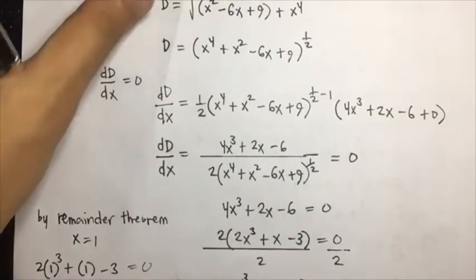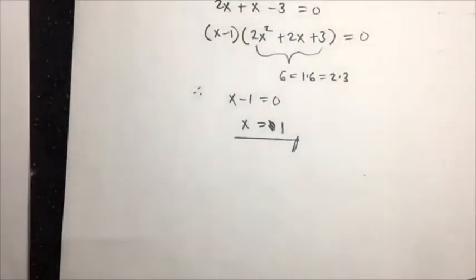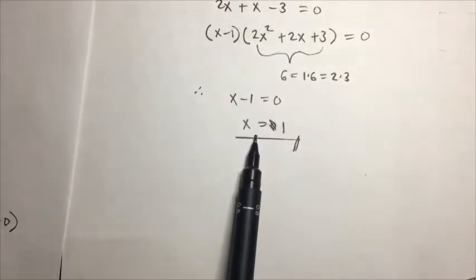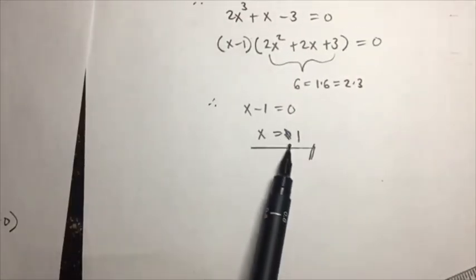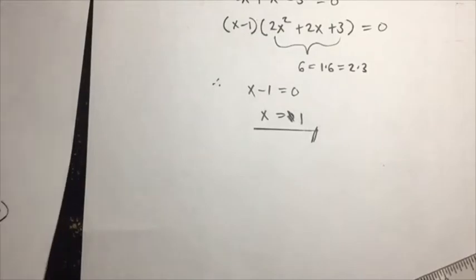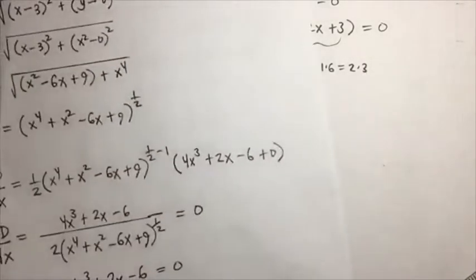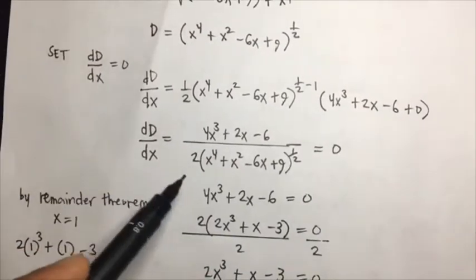But I think there is no need to prove that it's a minimum point, because we only have one root. Since we have only one, most probably that will be the minimum point without testing for the second derivative.